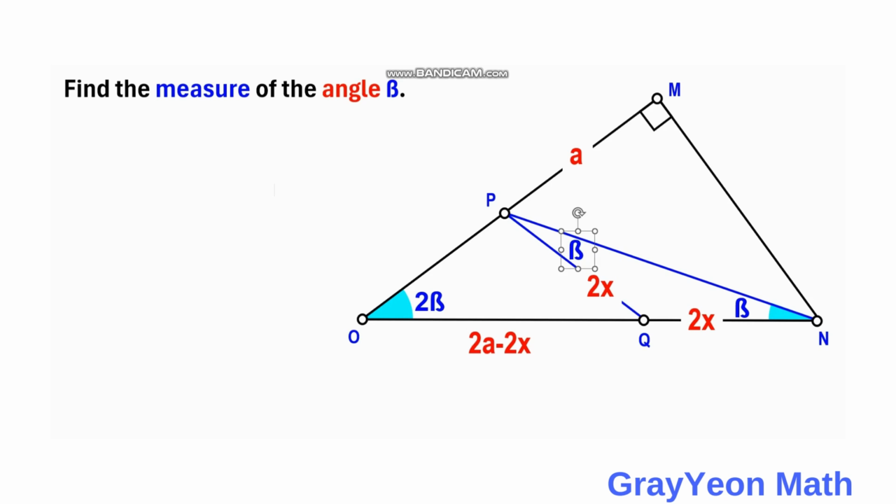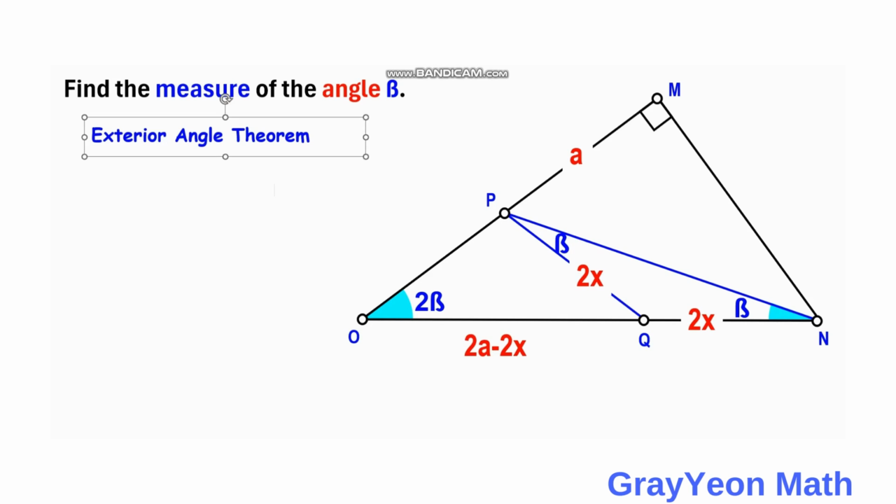Next is the exterior angle theorem. This exterior angle will be the sum of these two remote angles, so this will be 2 beta. Now, as you can see, the triangle OPQ became an isosceles triangle.